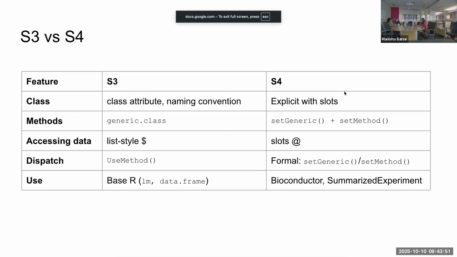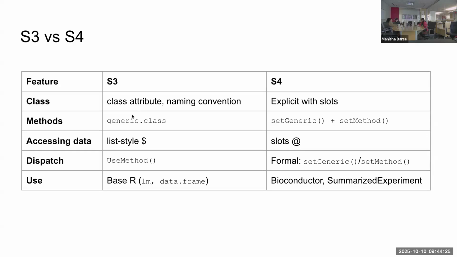In summary, about S3 versus S4: the class definition in S3 is through a class attribute, where you have to give the class attribute through the constructor, while S4 explicitly has slots. S3 uses the generic dot class method by default, and the methods used in S4 are a mix of setGeneric and setMethod.